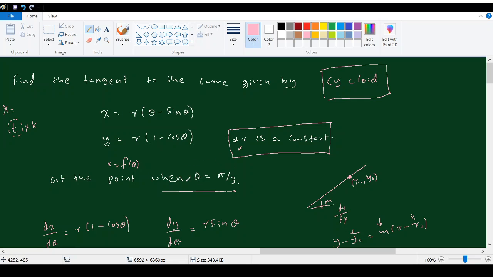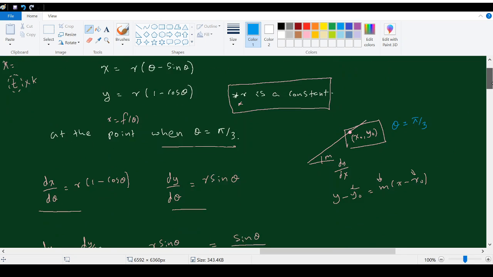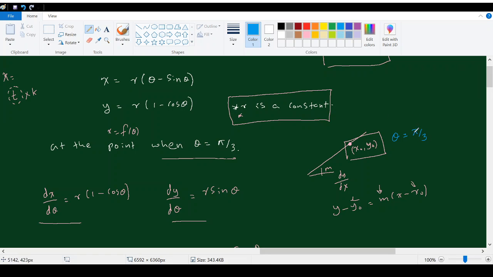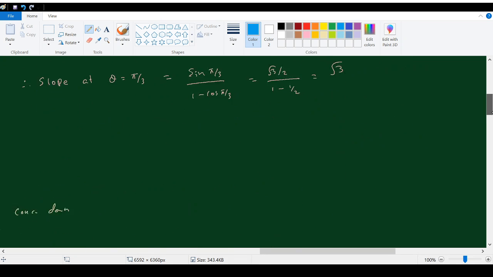And we have to find the tangent at the point given here, right? So when theta takes this value, there will be a corresponding x and y value, right? We consider those two x and y values as the x naught and y naught values. These are the x and y values which correspond to theta equals pi by 3, right? That can be found by plugging theta equals pi by 3 into our equation.